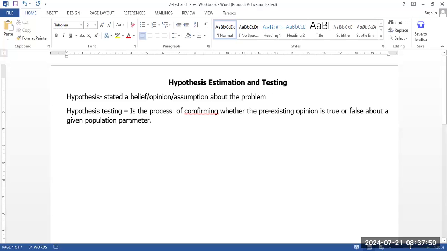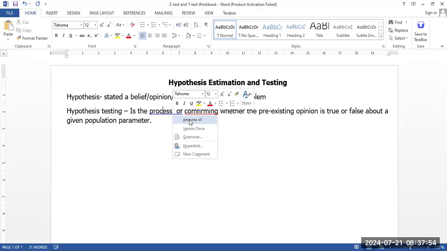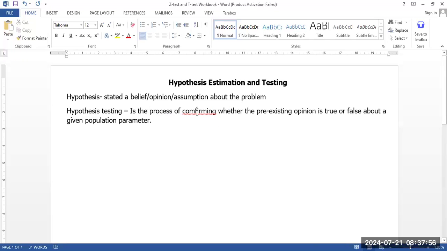Simply understand that with hypothesis testing, we are trying to confirm your stated belief.